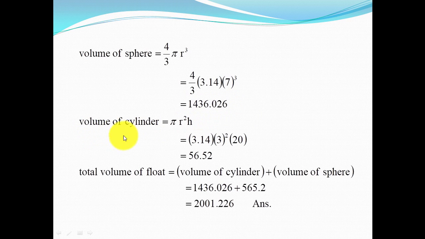The formula for the volume of the cylinder is pi r squared h. Here r represents the radius of the cylinder, which is 3, and h is the height of the cylinder, which is 20. After multiplication we get this answer, and summing these two volumes, we get the volume of the floor, which is this.